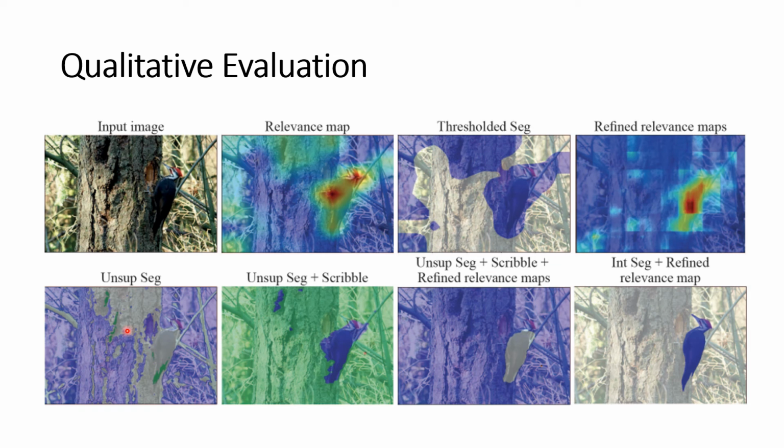Then on the bottom row, we can see the baseline of unsupervised segmentation without any pseudo-supervision, without stochastic pixel sampling. We can see that although the unsupervised segmentation does not perform well on its own, combining it with the stochastic pixel supervision, given a scribble together with this relevance map, there is an improvement of the segmentation results.